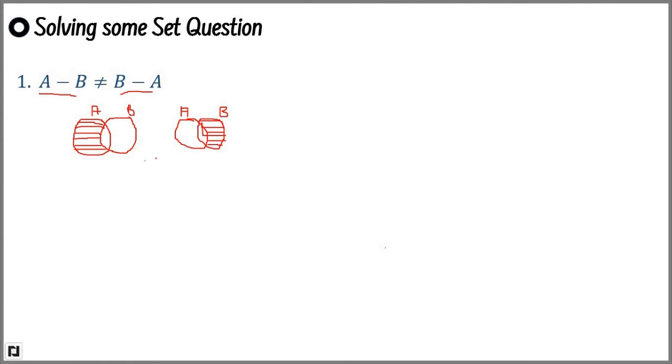You can clearly see these two shaded parts on the left hand side and right hand side of the question are not equal. So we have proved that A difference B is not equal to B difference A.